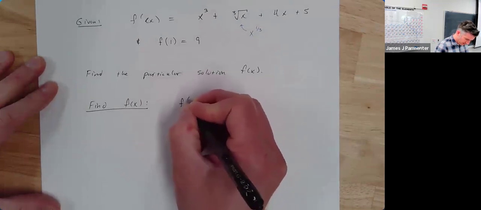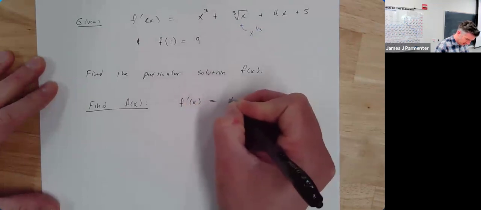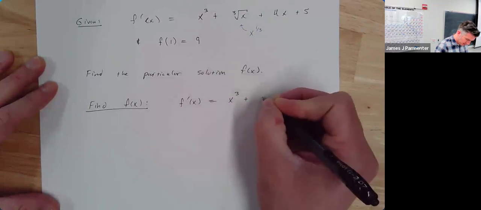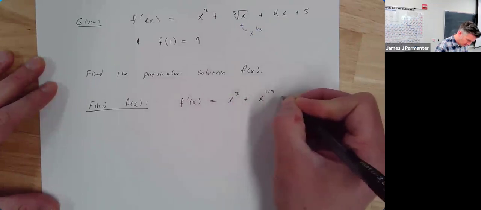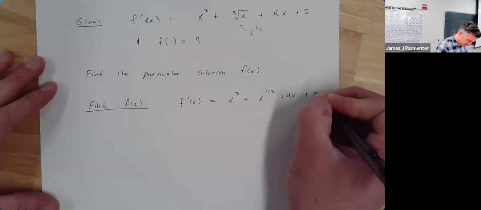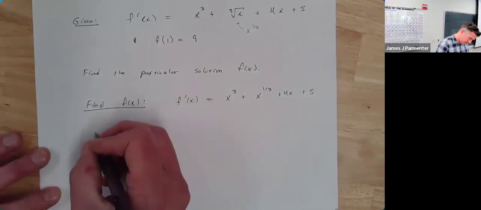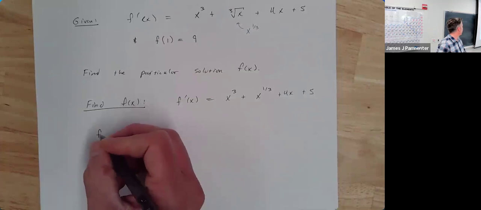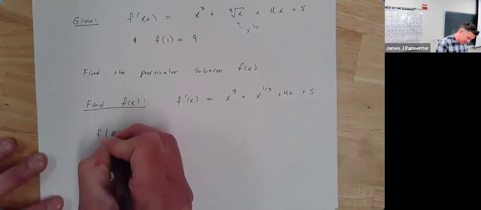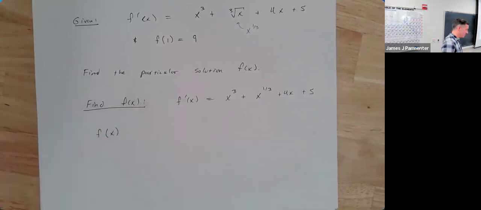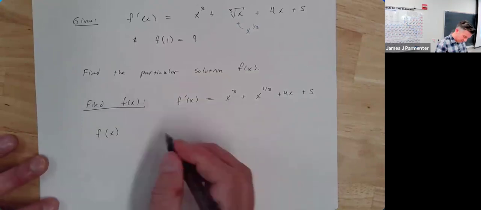So if we have that the derivative is x to the 3rd plus x to the 1/3 plus 4x plus 5, we're going to antidifferentiate. I know I'm not giving you a lot of time because we have 15 minutes left. I always feel like I'm rushing people. I try not to, but there's so many things to say. So let's do the antiderivative here.